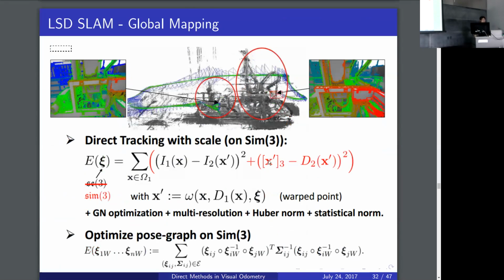So this is the part where I struggle the most. Aside from minimizing the photometric error squared, there's this term, I think it's the variance of the depth.